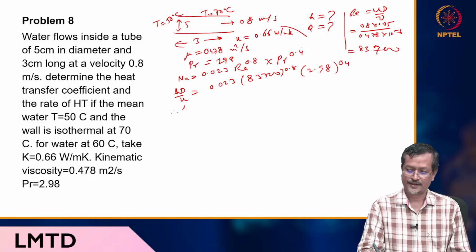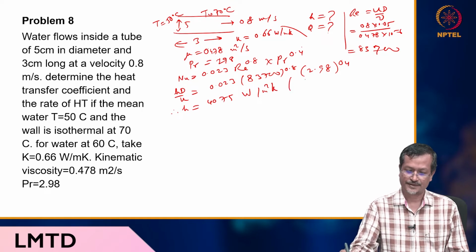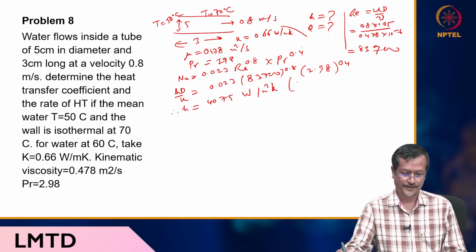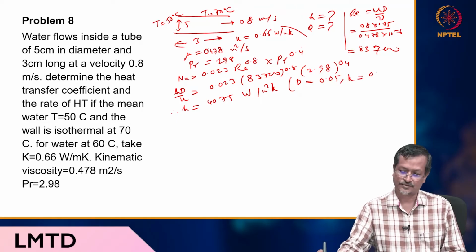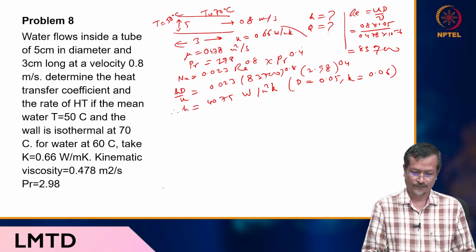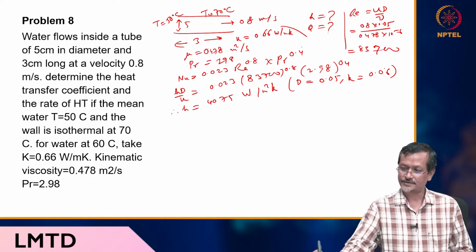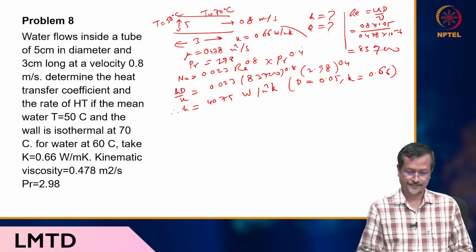So this would be giving H value equals 4075 watt per meter square K, where D equals 0.05 and K is 0.66.